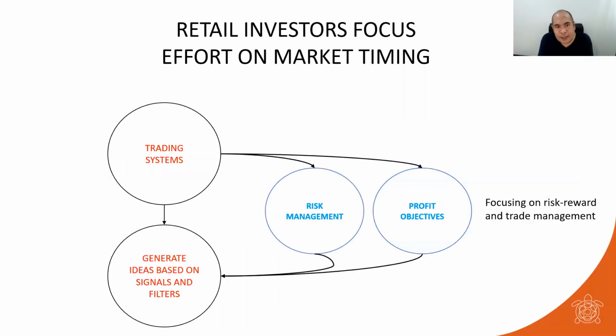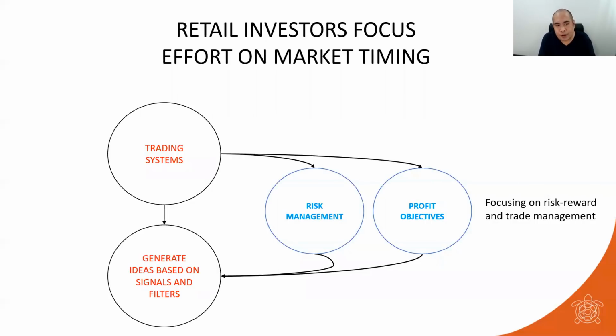One of the things that I realized working with retail investors is that a lot of their effort when they first get into the market is spent on market timing. What this means is they really focus on developing and finding trading systems that fit their profile and their investment time horizon.